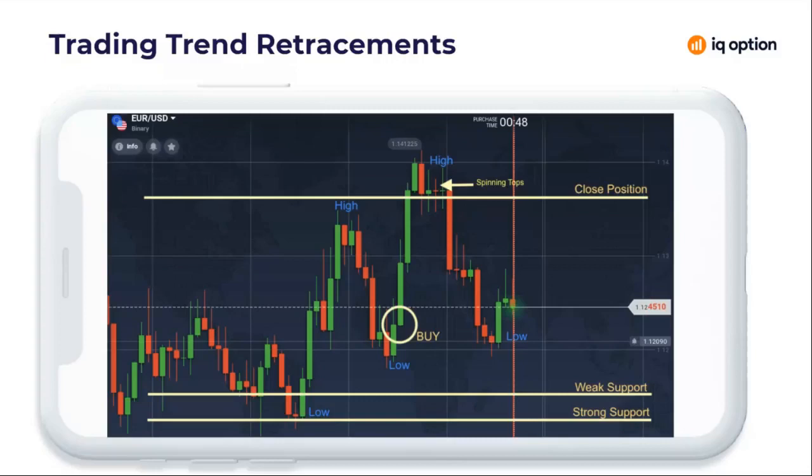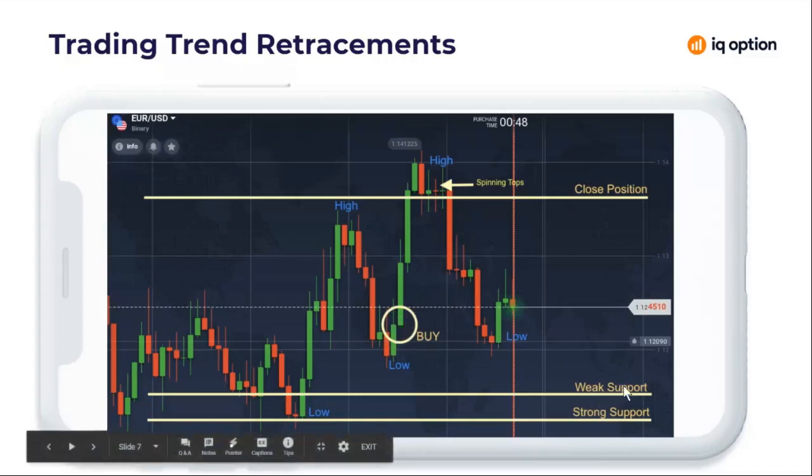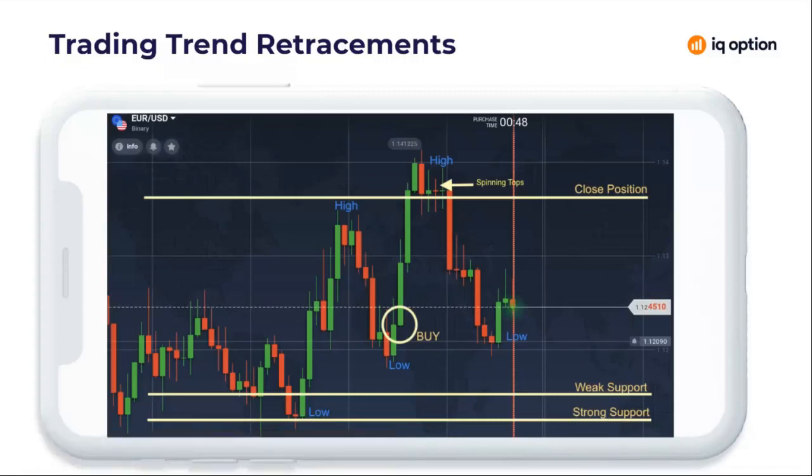Now, as you can see here, I've placed a circle where you would be entering that buy position on an uptrend. If you were to enter at this point, you've got your weak support line and your strong support line here. So we know that the markets have a chance to hit those levels.